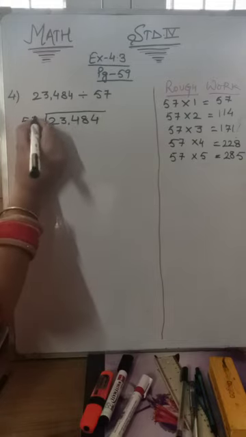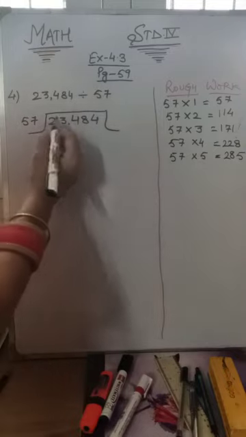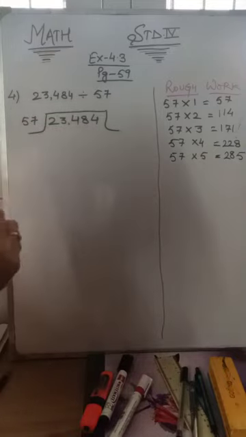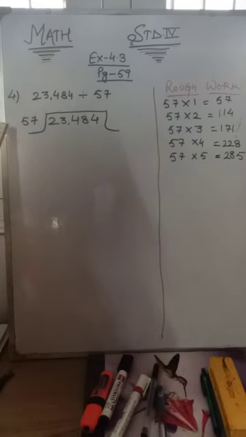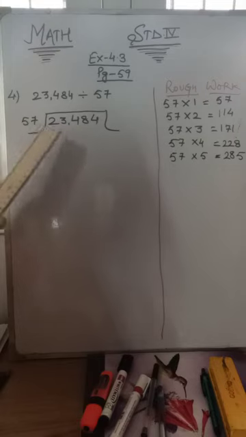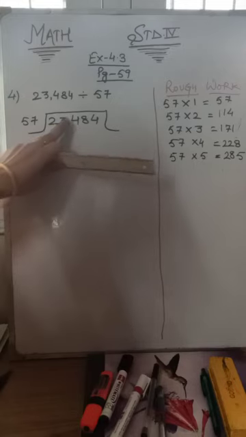23,484 divided by 57. Our first two digits are 23, which is smaller than 57, so we need a number greater than 57. So we will not take two digits, we will take three digits: 2, 3, 4, 234.